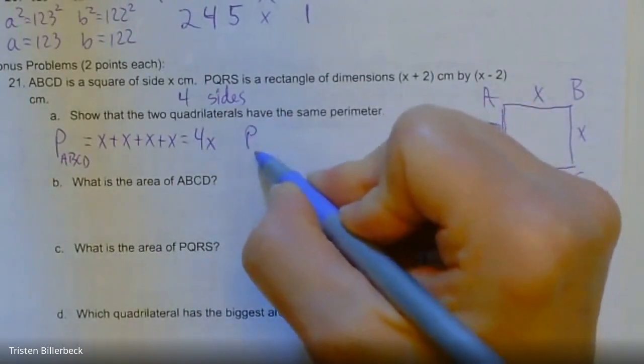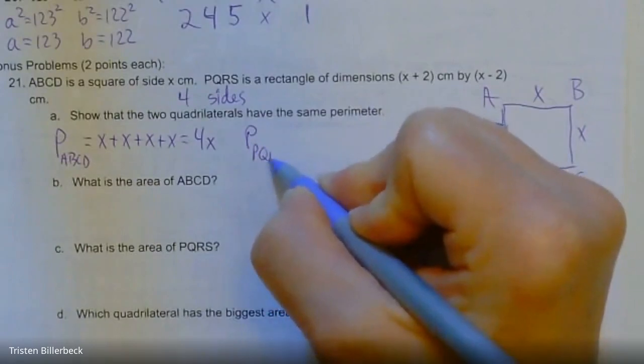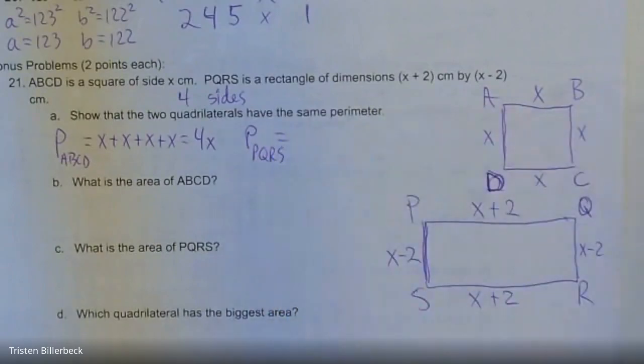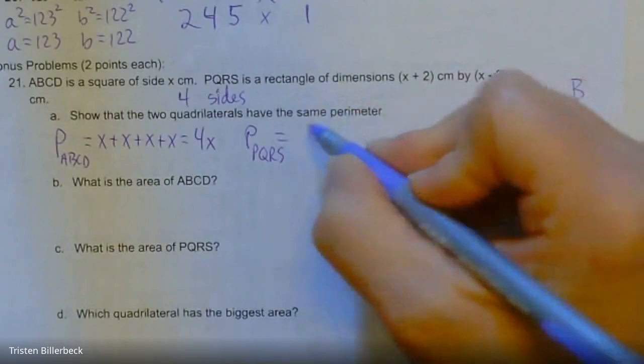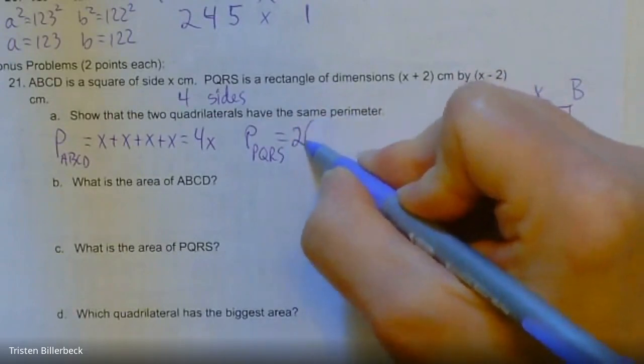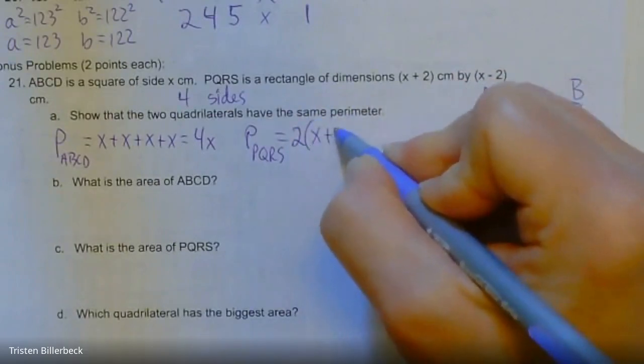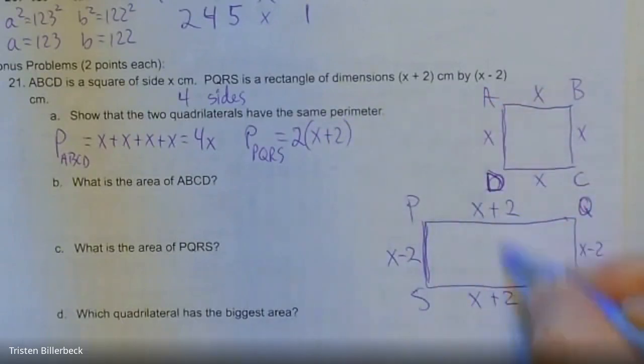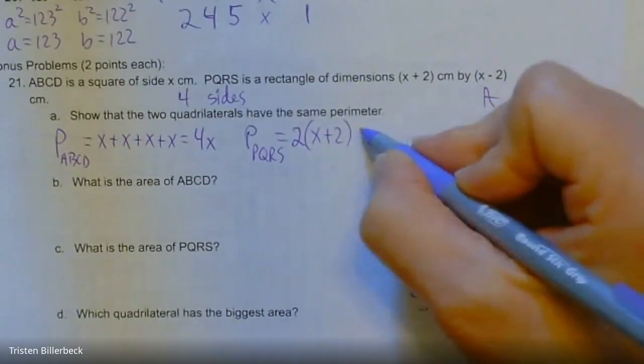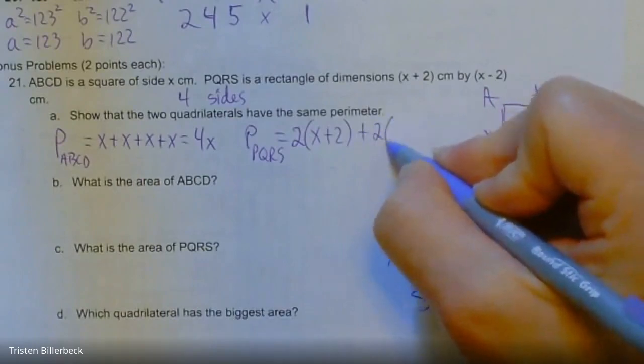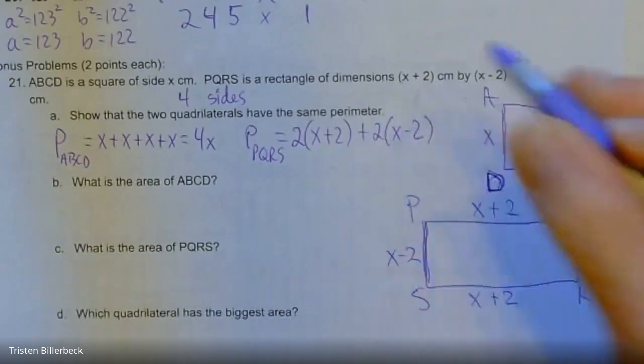Okay, perimeter of PQRS is going to be, and we're going to just make this simple, 2 times x plus 2, since there's 2 of them, and then 2 times x minus 2.